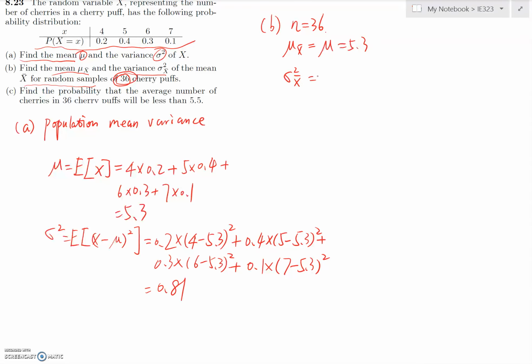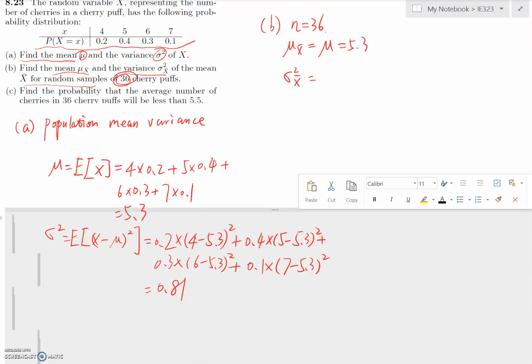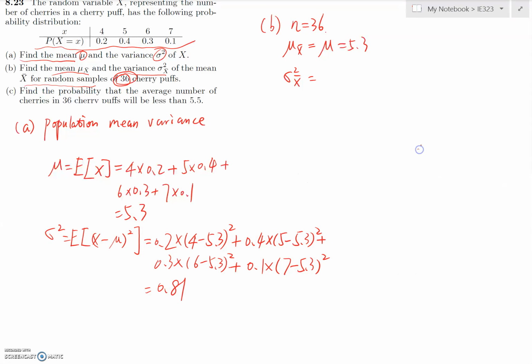And sigma x bar squared should equal sigma squared divided by n. So it's 0.81 divided by 36. So this is 0.0225.